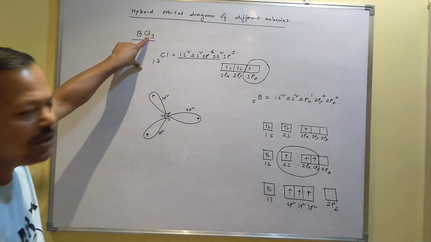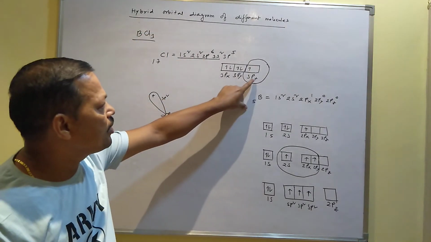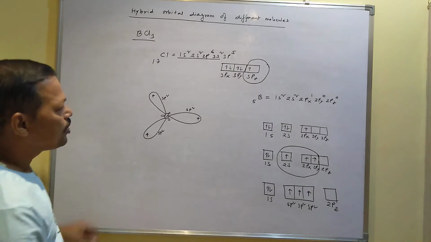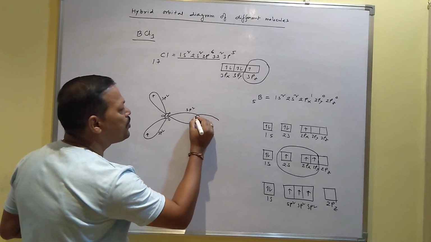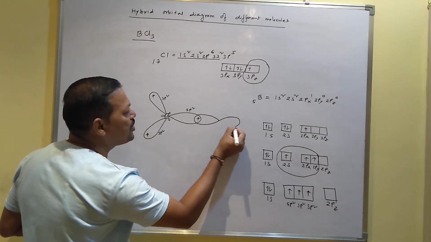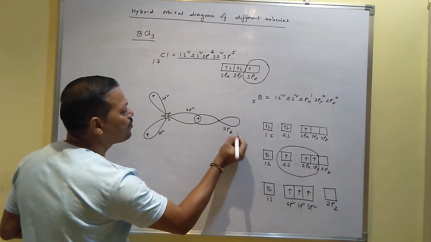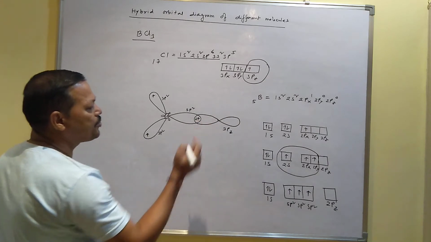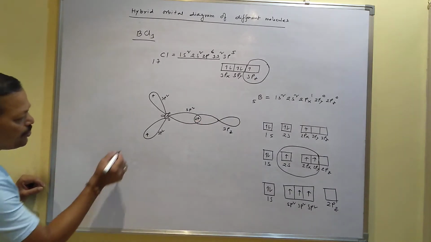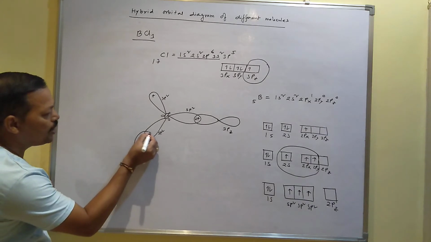So how many chlorines here? 3 chlorines. So you will get three 3pz orbitals like this. A p orbital is dumbbell shaped, right? So one 3pz overlaps with this. This is the 3pz of chlorine. Here you get 2 electrons, 1 from chlorine, 1 from sp2. Another 3pz of another chlorine overlaps with this.